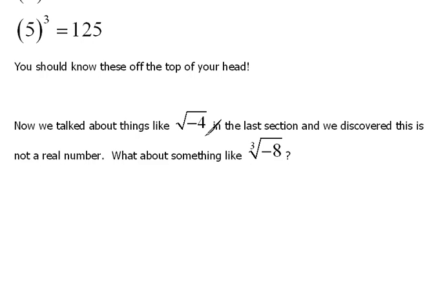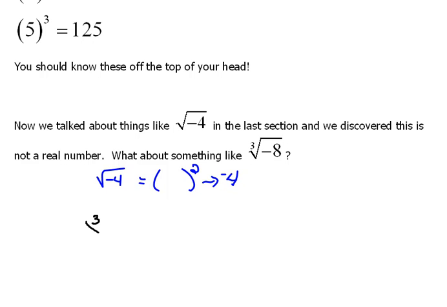Earlier in that previous section, we talked about things like the square root of -4. And we said the square root of -4 means what do you have to square to get -4. And there was nothing that we could square to get a -4. So we knew this was not a real number. But what about if we had a cube root of -8?